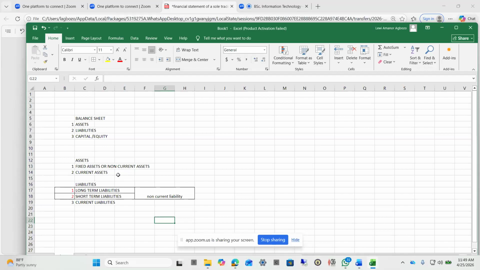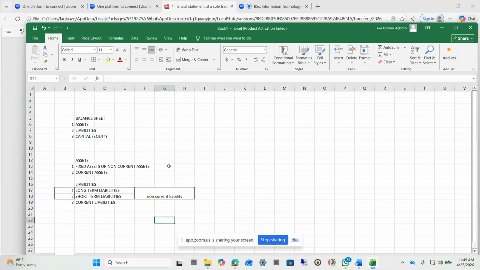Now, the fixed assets or the non-current assets, when we say fixed assets, they are the tangible things, the things that you can touch, you can see. They are the fixed assets. Is that okay? But then there are some assets that you can't see with your eyes, but their financial values are attached to them.